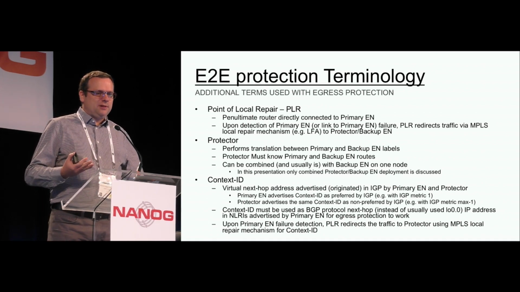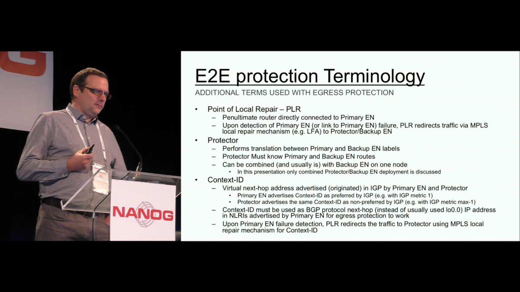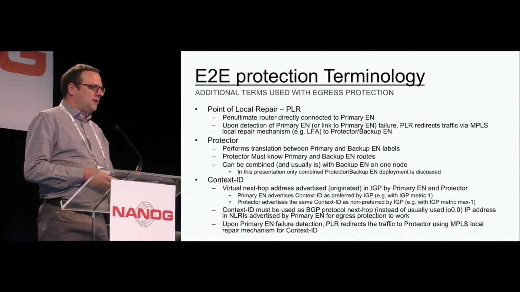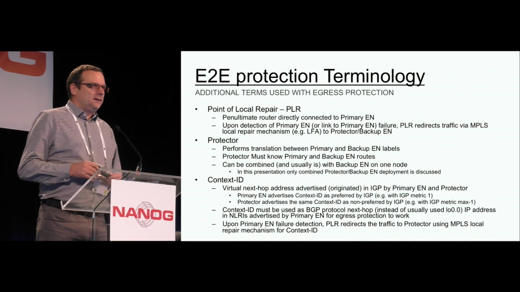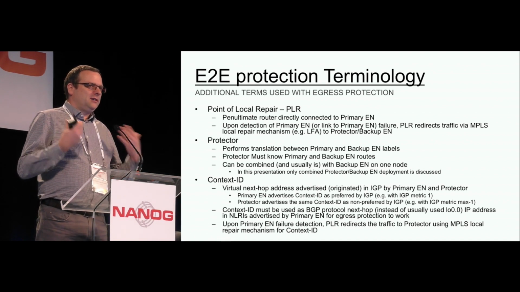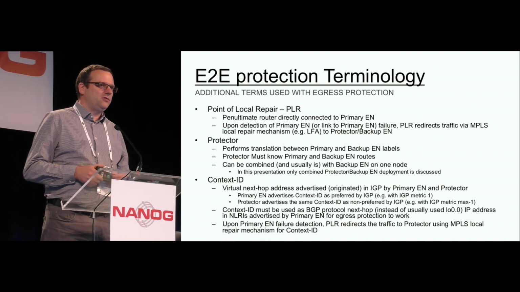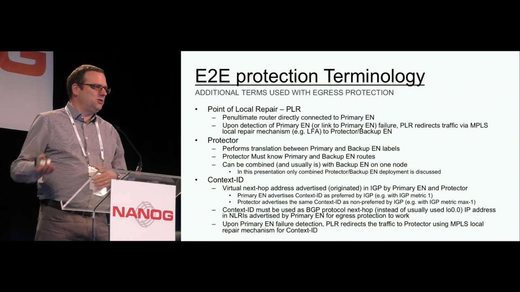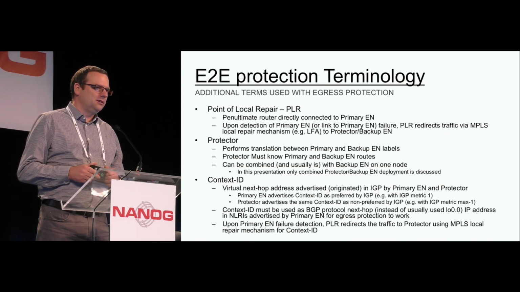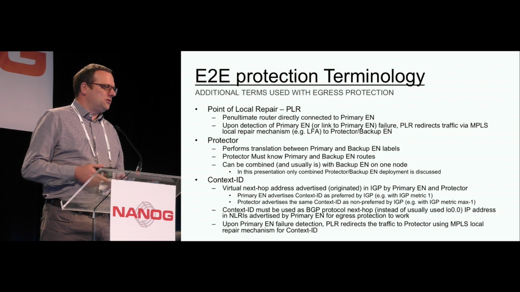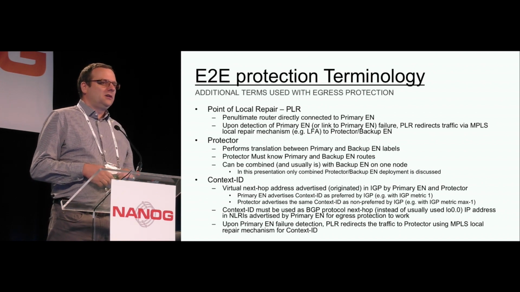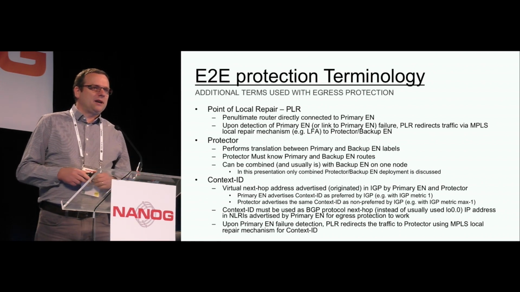Then we are also introducing a function that we call the protector. So what is the protector function? When you do traffic restoration for VPN, it is not enough just to switch over the traffic to the backup PE, because this traffic will arrive at the backup PE with a label which is allocated by the primary PE.